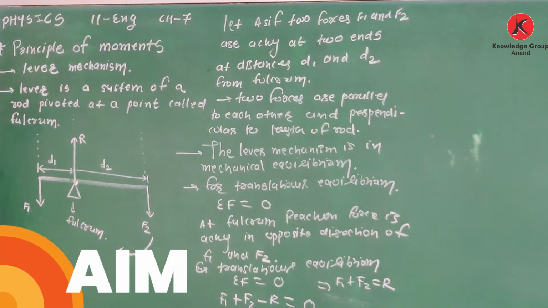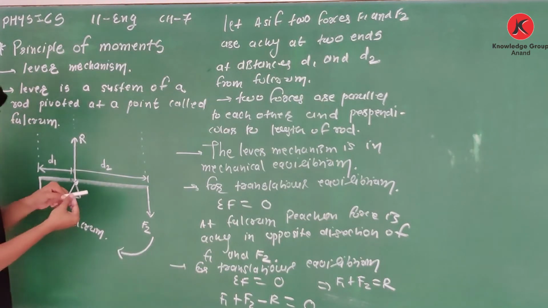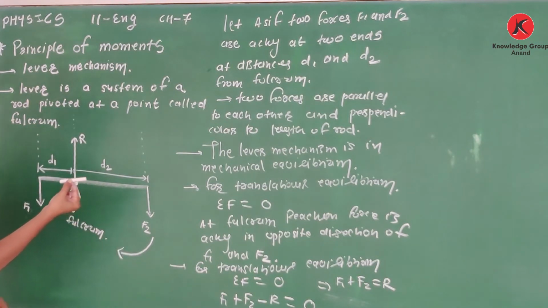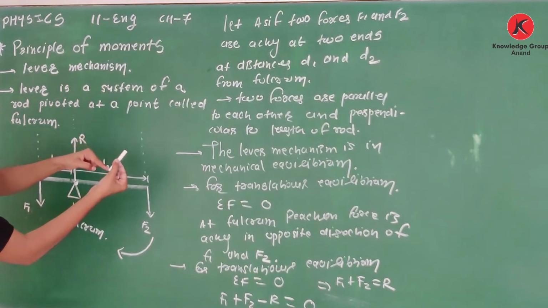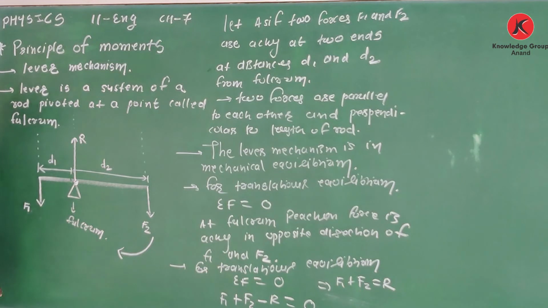If it is a pivoted point, the fulcrum, and if I am applying force, see, it will rotate in this direction. Clear about this? Similarly, for this force F1, if force F1 is applied, it will rotate in this direction. Yes or no? So this hand will rotate in this direction.